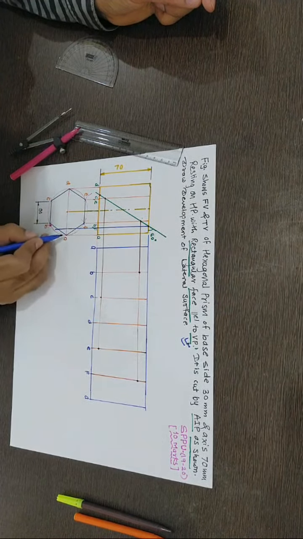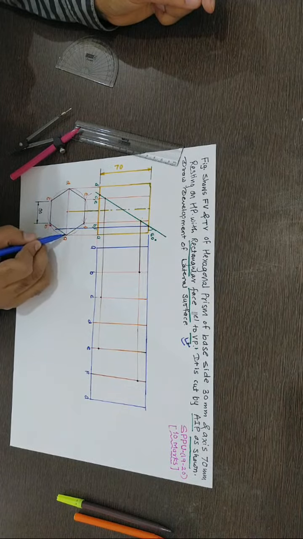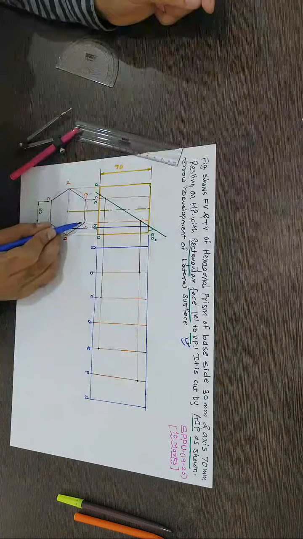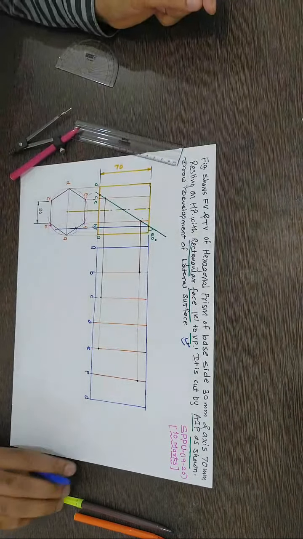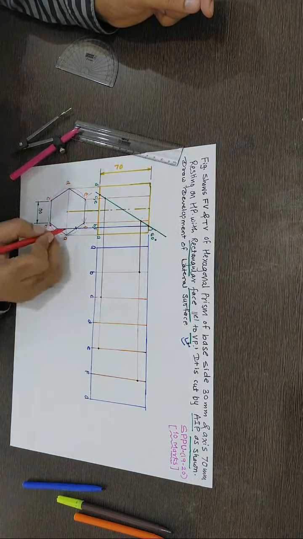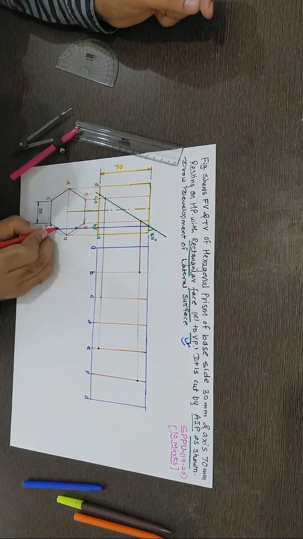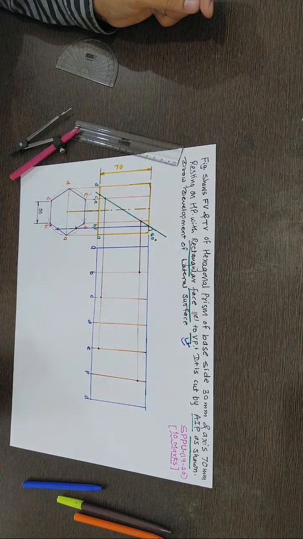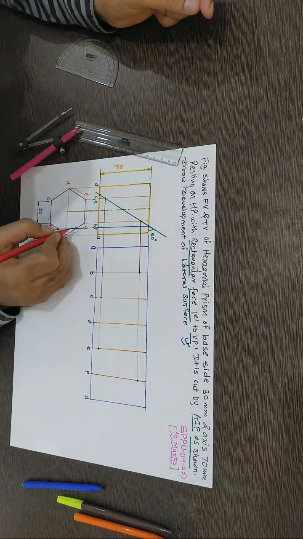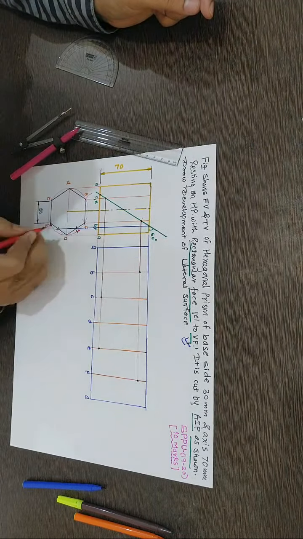The surfaces are this rectangular face, A, F, there's one intersection. So this is our first point and this is another point, right? Let me name them 1 and 2.